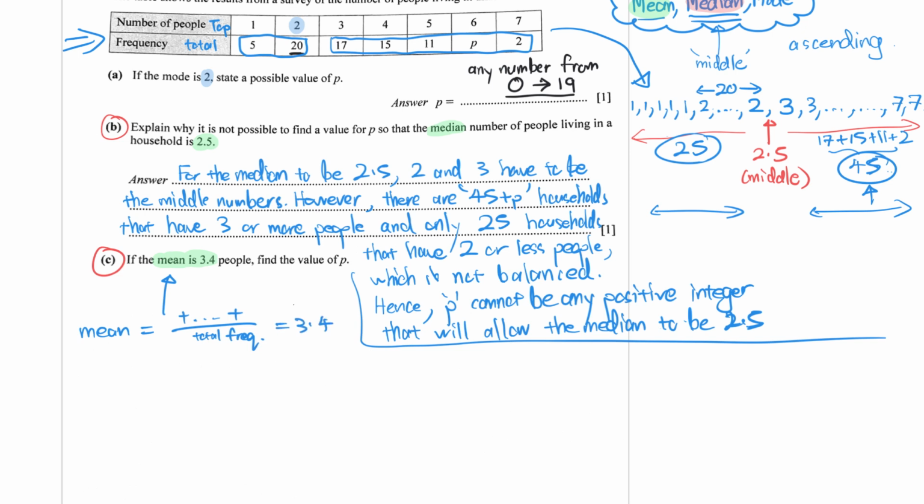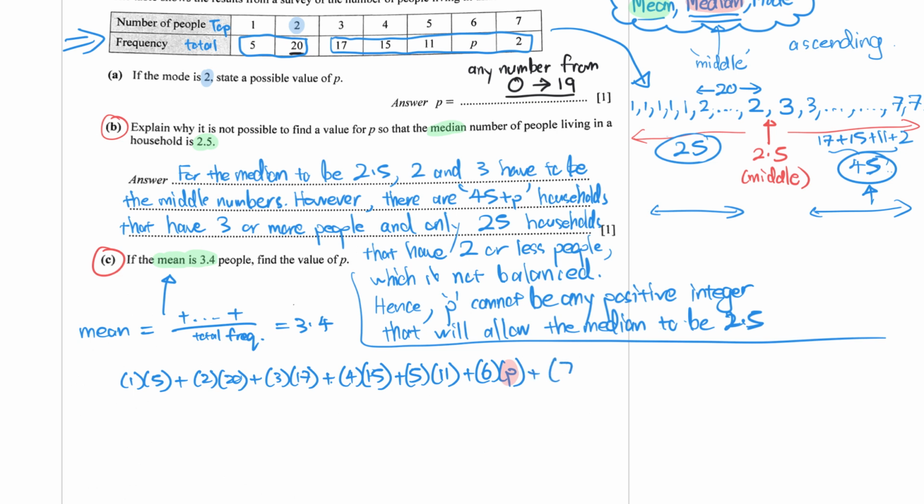So we will have to do the hard work. 1 times 5 plus 2 times 20 plus 3 times 17. All the number of people multiplied by the frequency plus 4 times 15 plus 5 times 11 plus 6 times the P. Okay, that's where your P is. We're going to solve for P later.